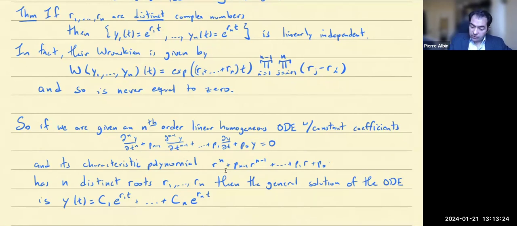So in the case where you have n distinct roots, then you're all set. Once you found those roots, you have found the general solution, because the Wronskian guarantees that these n functions are linearly independent.